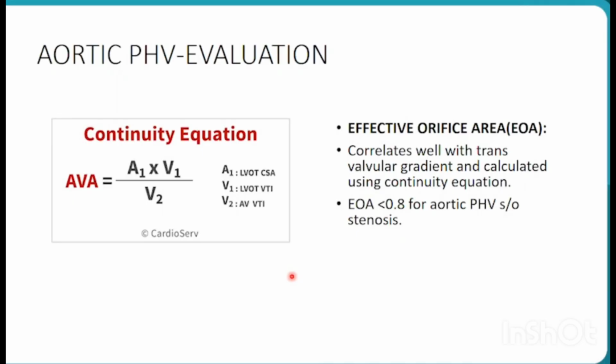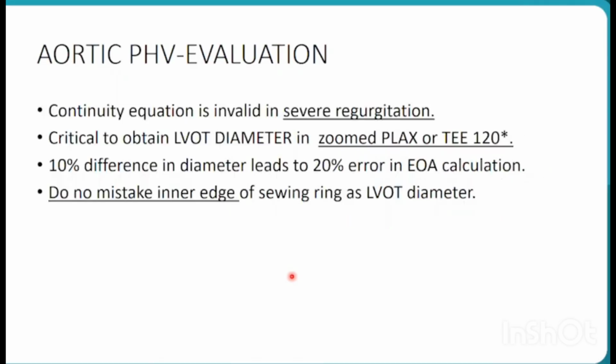So this correlates with the gradient, but again the gradient is dependent on many other factors like LV dysfunction, high outflow state. So all these 6 parameters have to be taken into consideration with clinical information. Then only we can comment whether the patient has got a significant PHVT or not. EOA less than 0.8 for an aortic prosthetic heart valve is suggestive of stenosis.